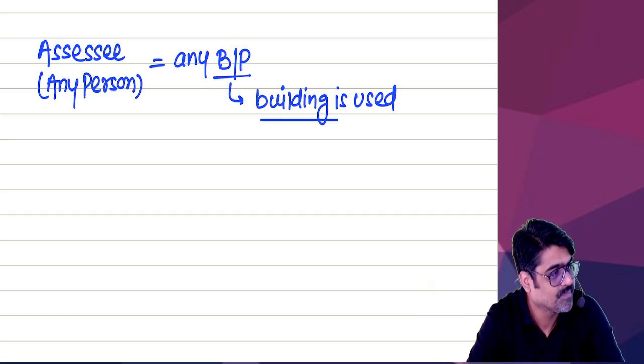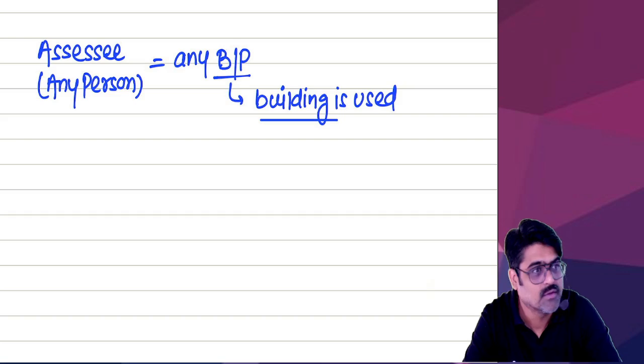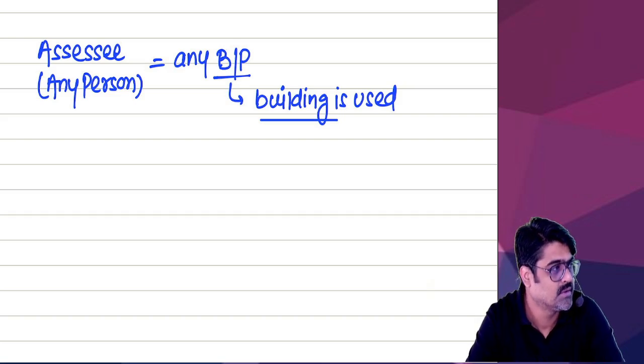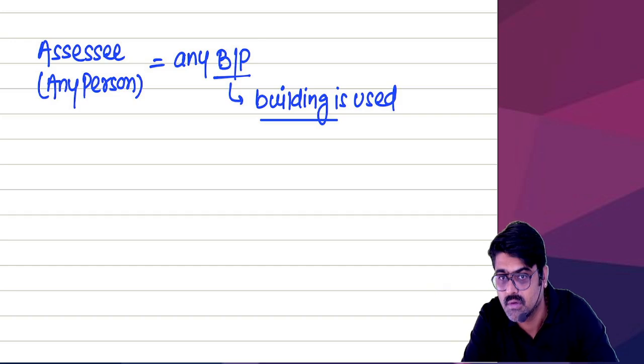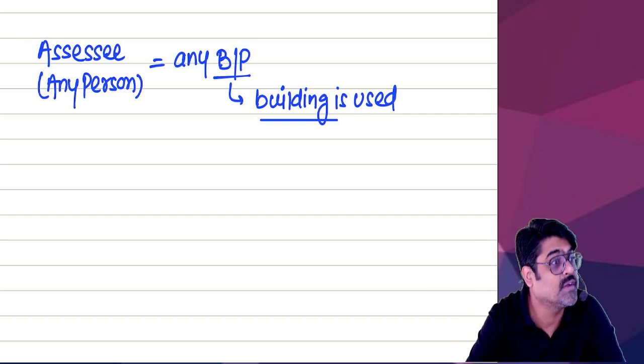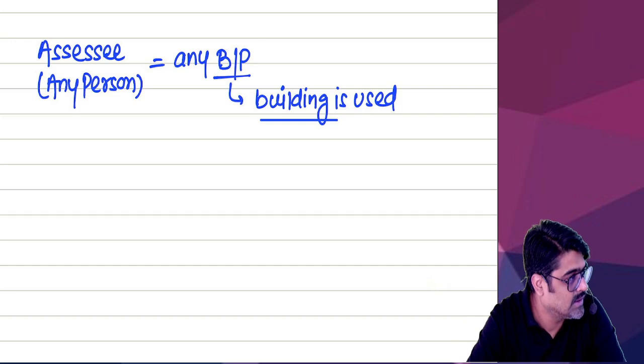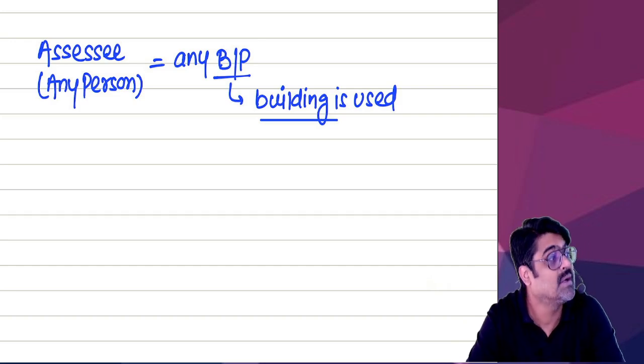Then more examples. Factory can be there, factory building. So factory building can be used for manufacturing business. Yes or no? Shops, godowns, then office premises. All are buildings which are used in business.